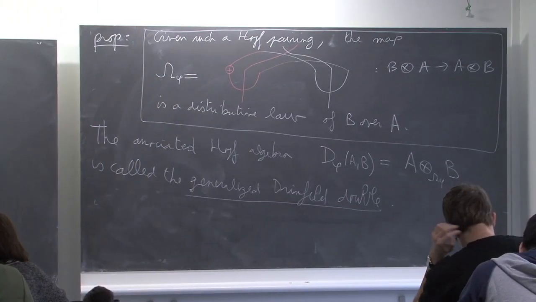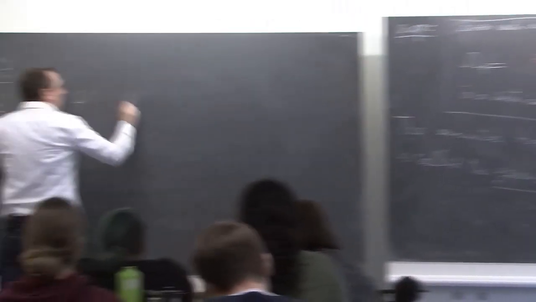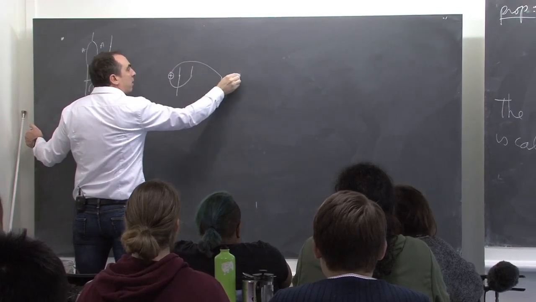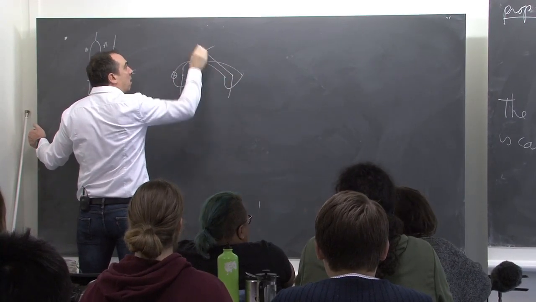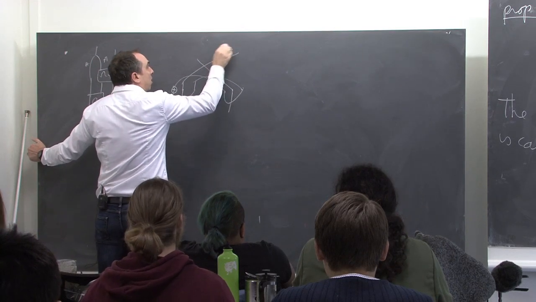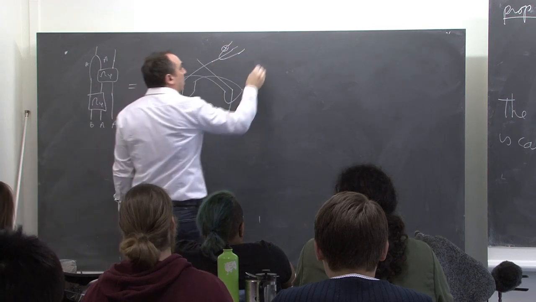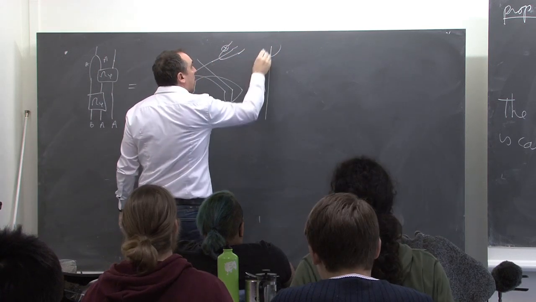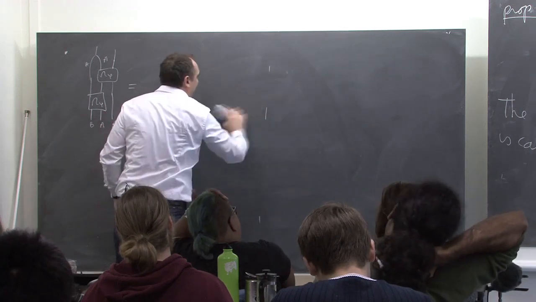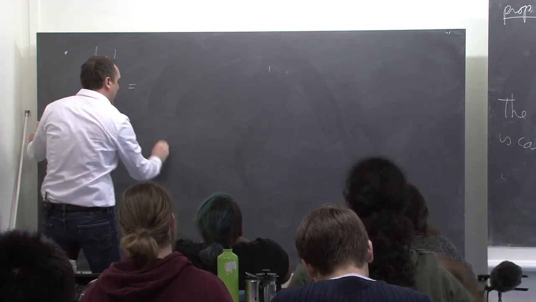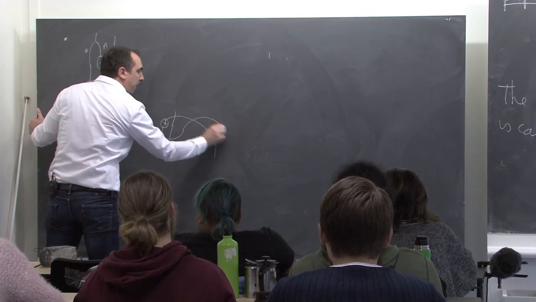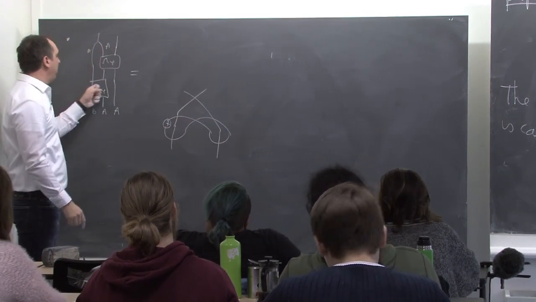So by definition, what do we have? So this is the first distributive law, bigger.